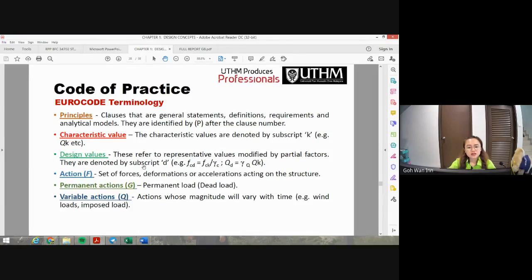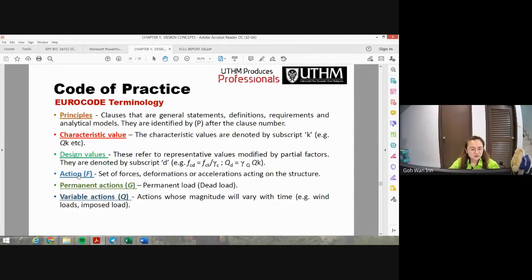Design value is denoted by D. So when you see FCD, it means the concrete design value; FCK is the characteristic value, and divided by gamma C it becomes FCD. So characteristic value is by K, design value is by D. Next time when you see K, it means characteristic, and when they put D it means it is already the design value.